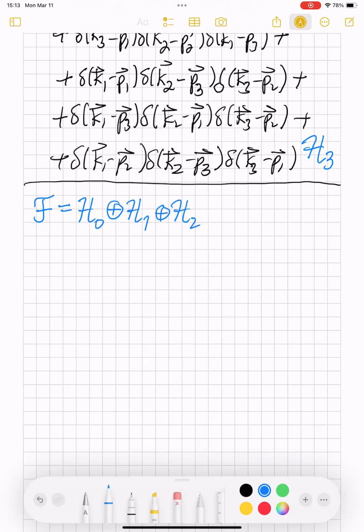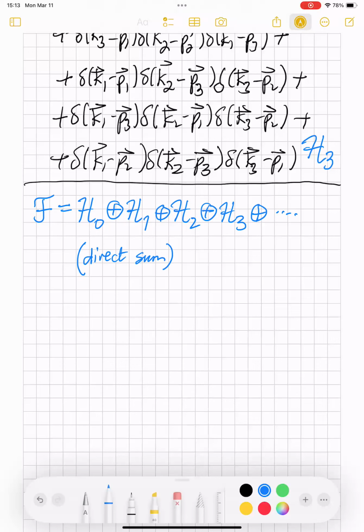So you take a direct sum of the no particle Hilbert space, the one particle Hilbert space, the two particle Hilbert space, and so on. This would continue on to infinity. So you'd need to take a direct sum of all of these different Hilbert spaces. The operation that I'm using here is called the direct sum, in case you want to go and look that up in a book on linear algebra.